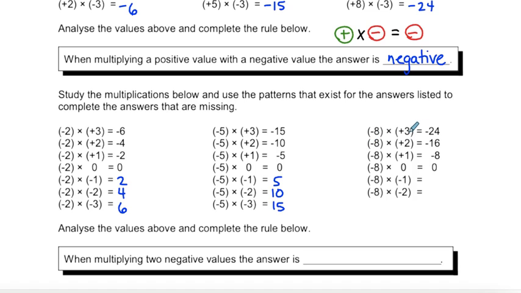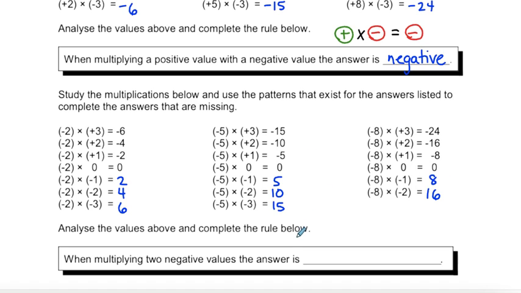Negative 8 times positive 3 is negative 24. Negative 8 times 2 is negative 16. Negative 8 times 1 is negative 8. And negative 8 times 0 is 0. Again, we can use our calculator initially. So negative 8 times negative 1 equals 8. And negative 8 times negative 2 gives us positive 16.